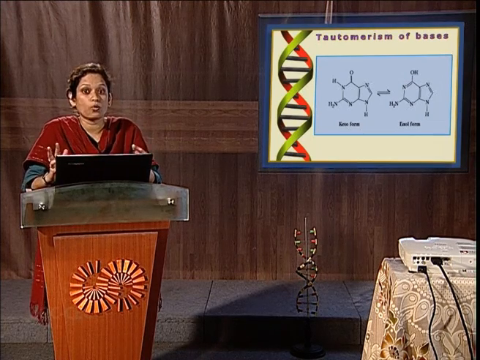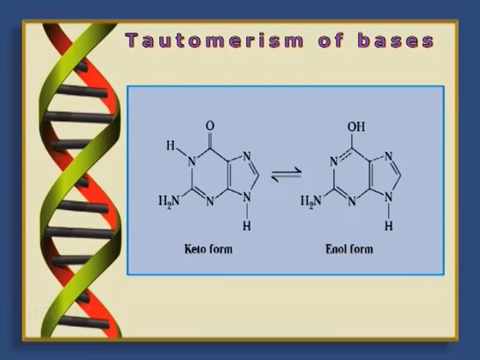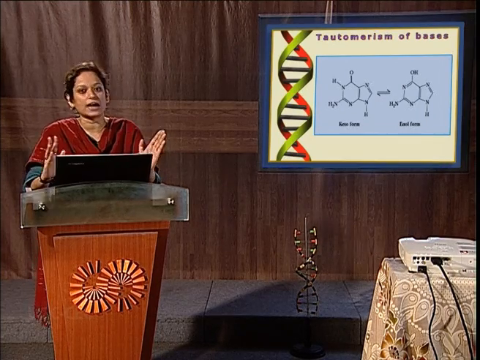Now, let us see what the tautomerism of bases is. As shown in this slide, we can see that there is tautomerism. The nucleobases, due to their aromatic ring system and presence of electron-rich substituents such as hydroxyl group and amino group, contribute to tautomerism, which is the movement of hydrogen and electrons within the aromatic ring.